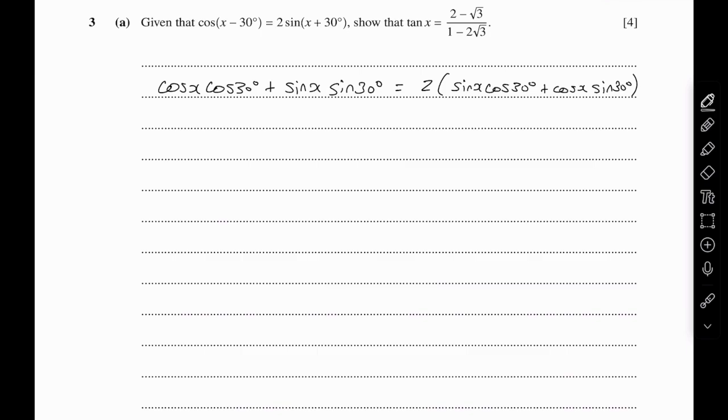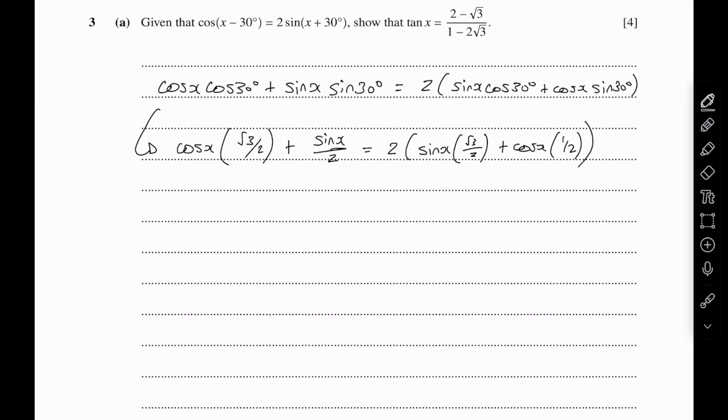So from here, cos x root 3 over 2 plus sin x over 2 is going to equal 2 sin x root 3 over 2 plus cos x times a half. Okay. Which gives us what?